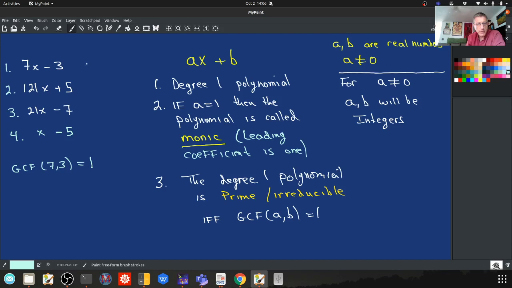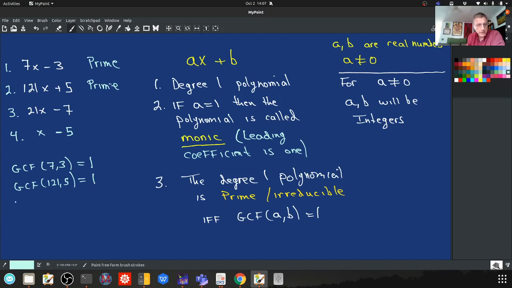So by number 3, this is prime. Let's look at the GCF of 121 and 5. Now 5 is prime, so that suggests the answer is going to be 1, but we have to do one more check. Remember the correction I made last time? We have to make sure 121 is not divisible by 5. And it's not. It has remainder 1. So the GCF is 1. So number 2 is also prime.